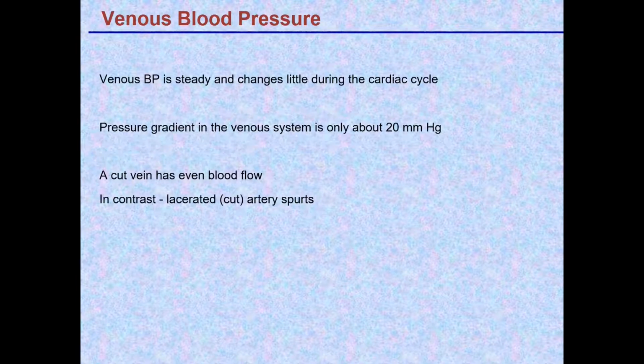When you move to the venous side of the circulation, the venous blood pressure is steady. There is no pulsatile nature, no higher systolic and lower diastolic. The pressure gradient is only about 20, between the venous side and the right atrium.